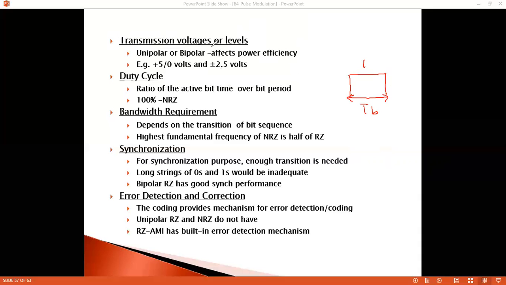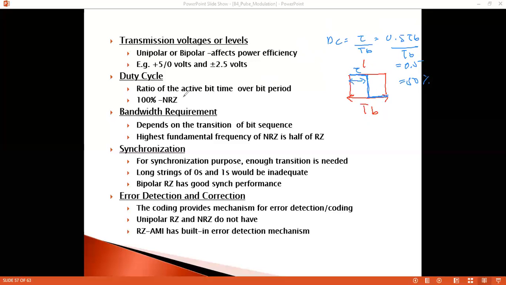For example, if our active period is only half of the TB, like this, so 1 is represented by this, where it's active only half of the TB. This is known as T_on. So duty cycle is equal to T_on over TB. If T_on is just 0.5 TB, then our duty cycle is 0.5 or 50%.